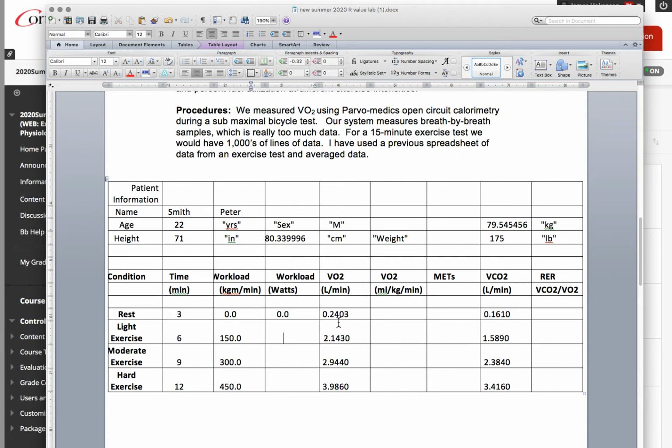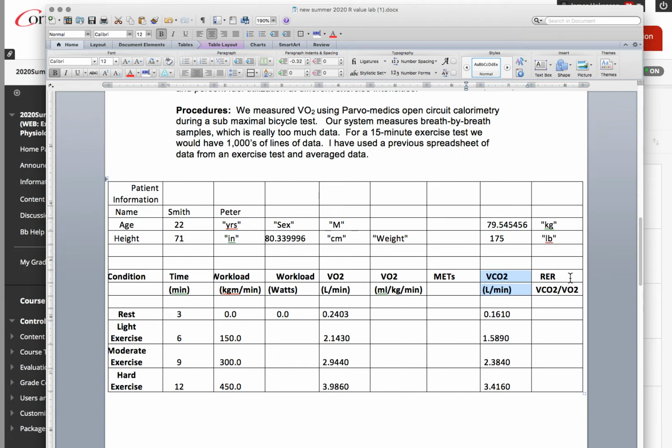I also entered the absolute oxygen consumption. This is the person's total oxygen consumption in liters of O2 per minute. That is this column. And then if we skip over a couple columns, here is the VCO2 produced, in those same units of liters per minute.